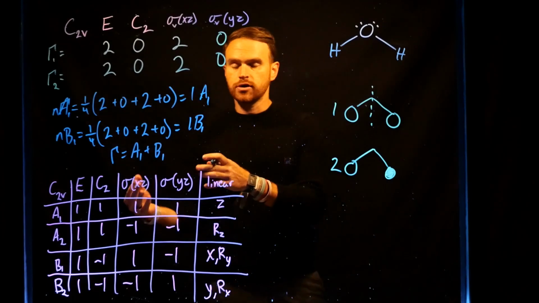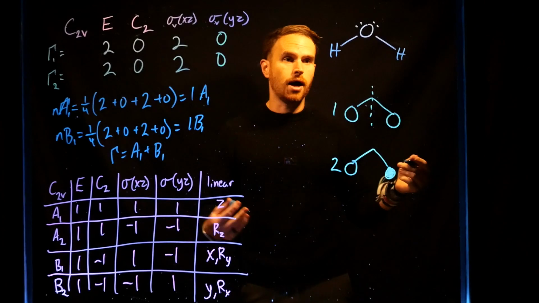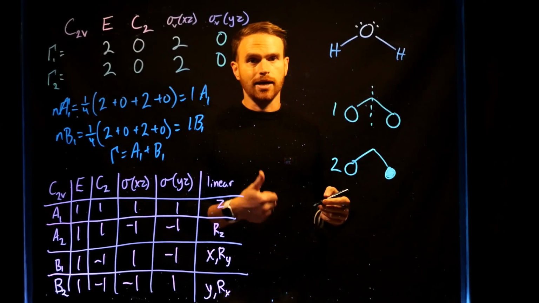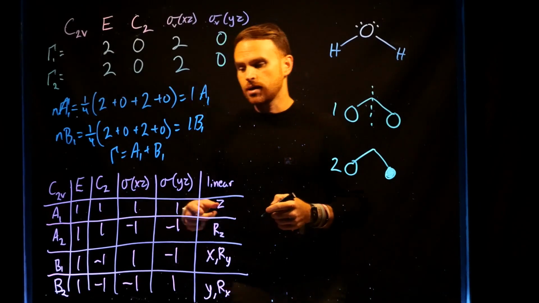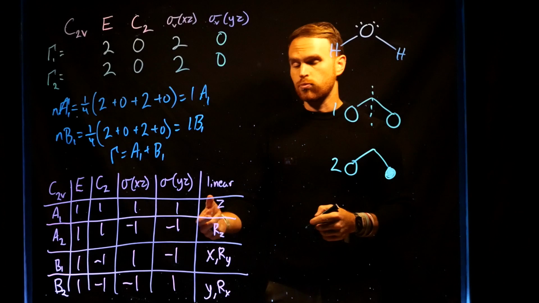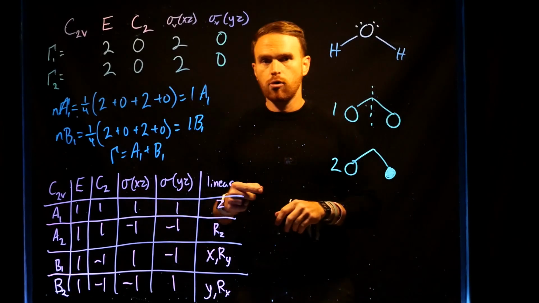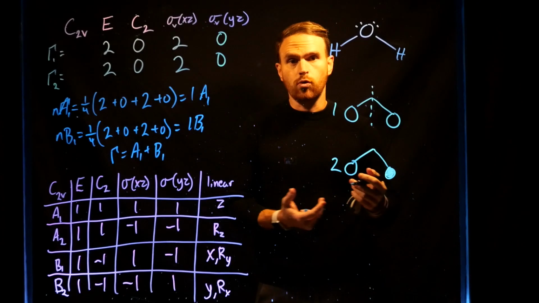Okay, so then once you've determined that, you need to look at the center atom orbitals and see which ones apply. So don't forget that for an oxygen atom, you have access to the s, the px, the py, and the pz. And we can use the character table to see which of those orbitals correspond to those orbitals on the center atom. So the top row of any character table that you're using is always going to be equal to an s orbital.